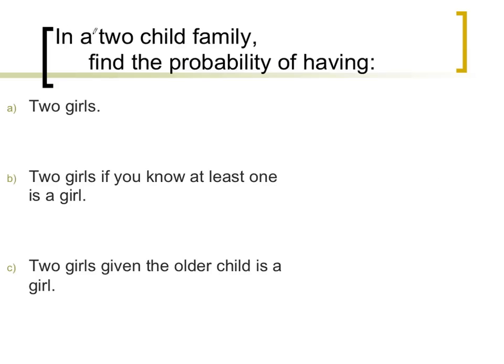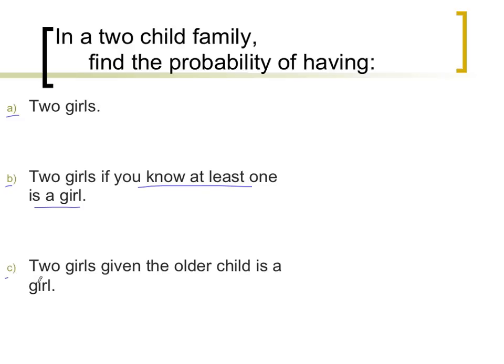In our next example, we have a two-child family, and we want to find the probability of having two girls if you know at least one is a girl, and two girls given the older child is a girl. So in our first example here, we don't really have any information. We just need to see what's the probability of finding two girls. In letter B, we get a little more information. Here we know at least one is a girl.